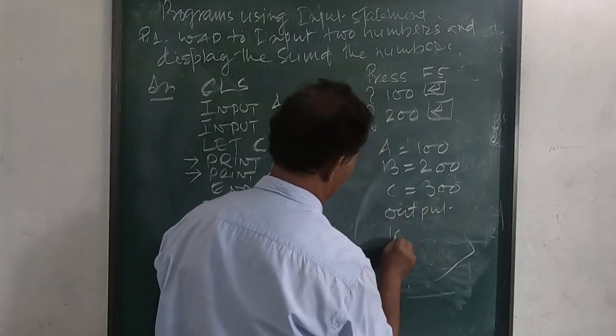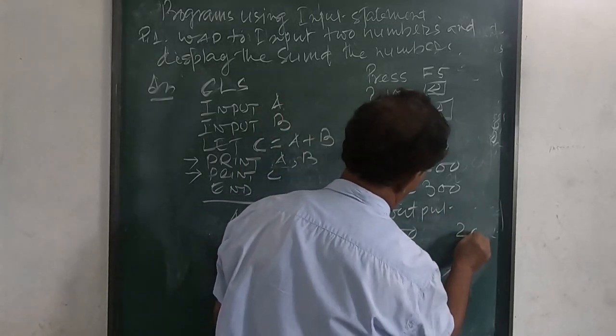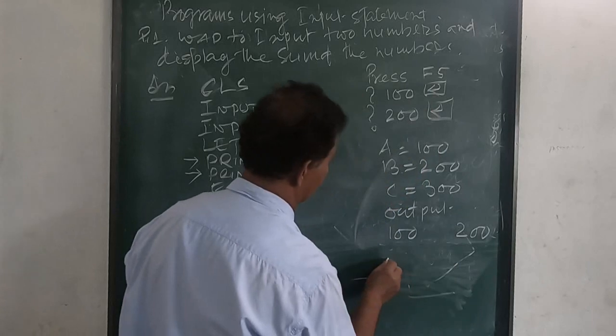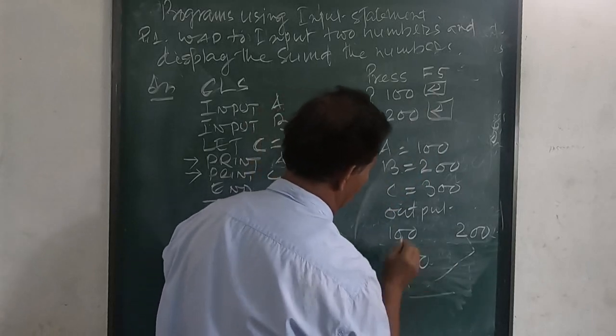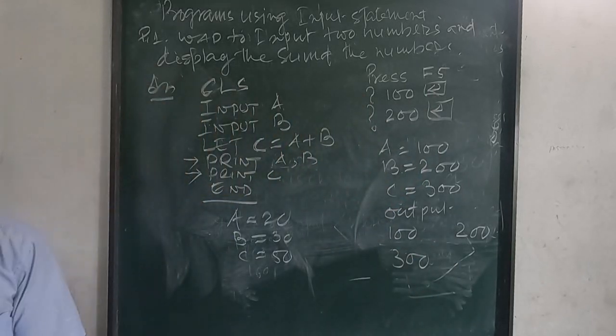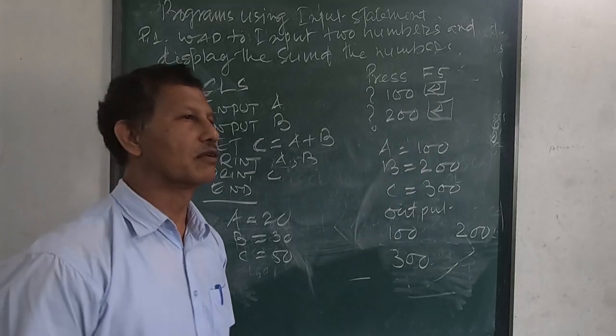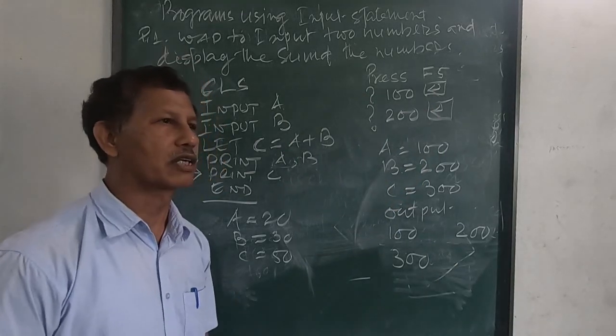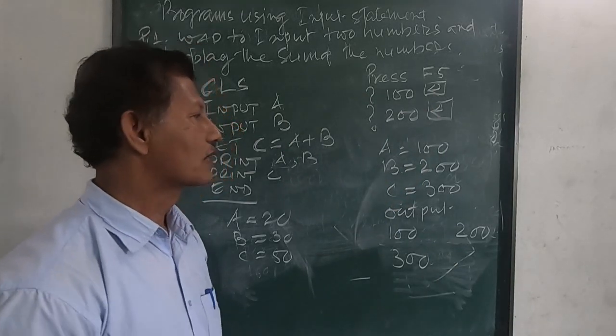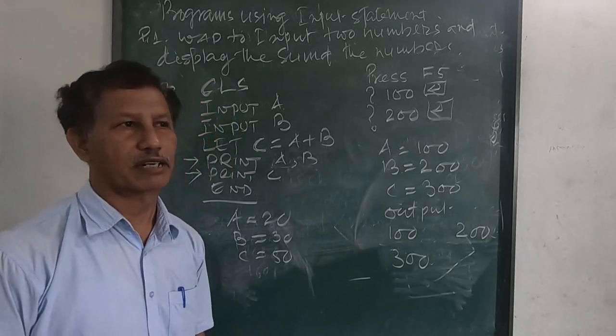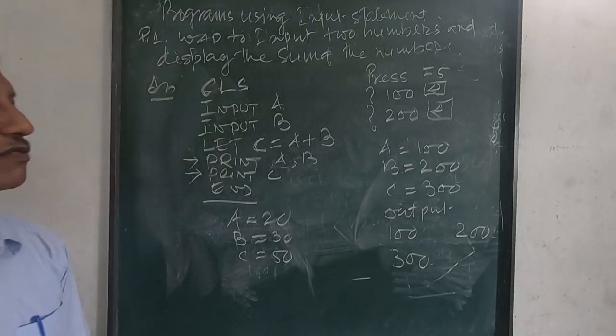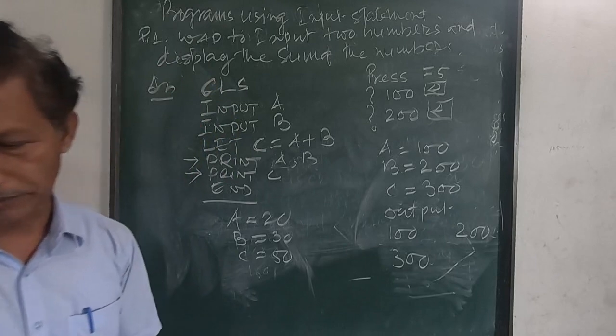So 100, then 200, next is 300. In the input statement the user can enter any kind of value according to his wish, and the output will always be different. So input is much more flexible than the let statement.